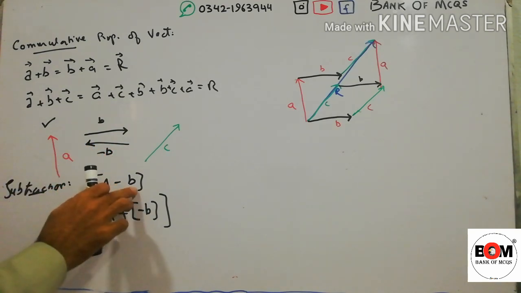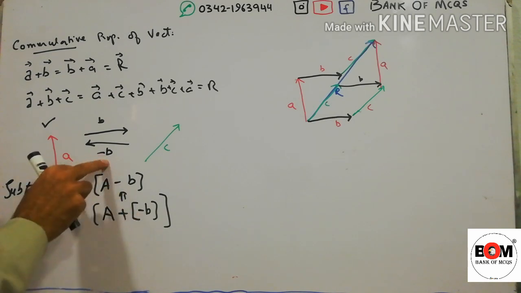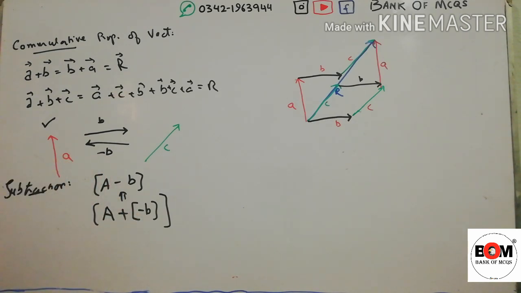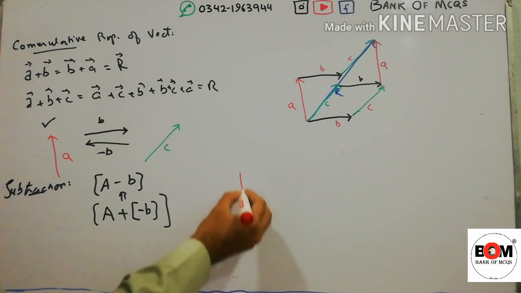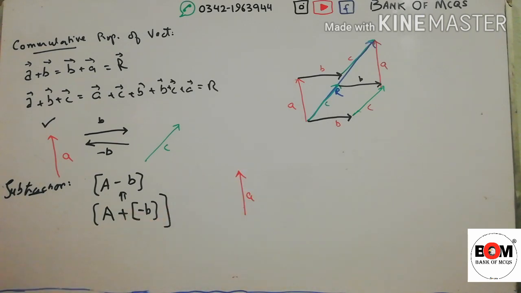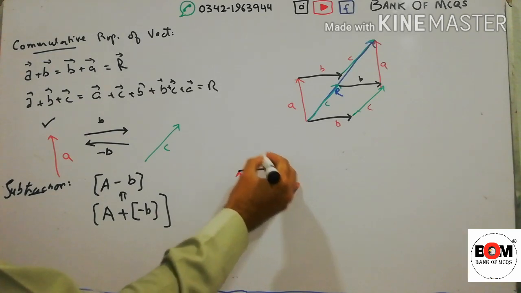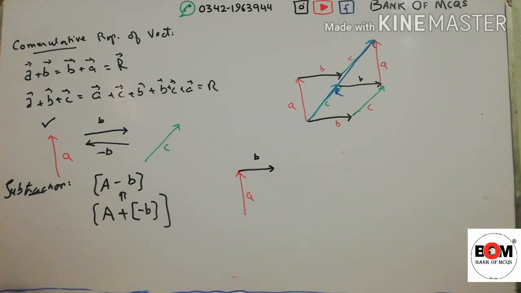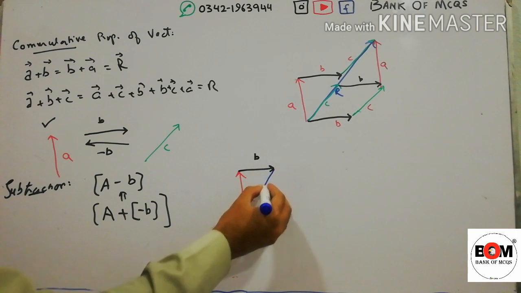So to find A minus B, we will add minus B with A. This is A. Now if we add B with it, this is B, so this is the A plus B result.